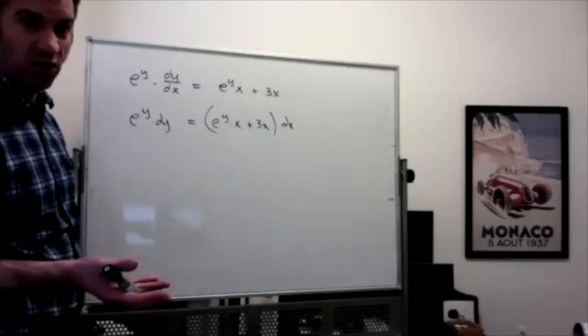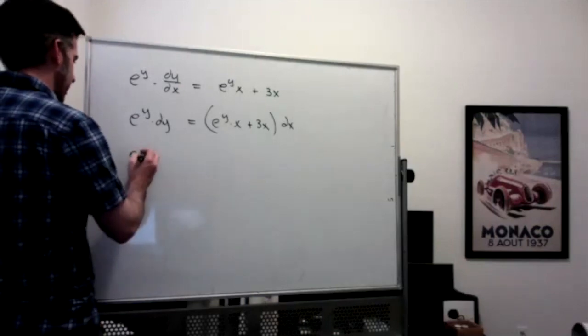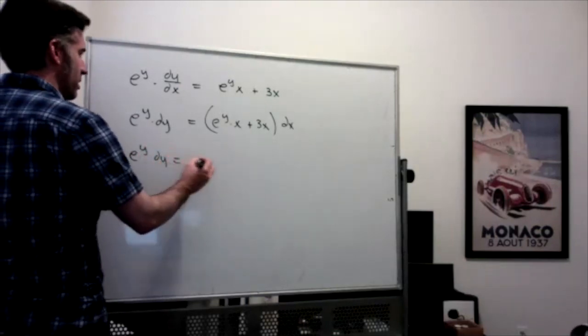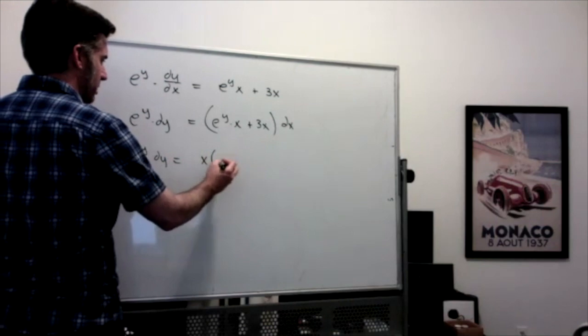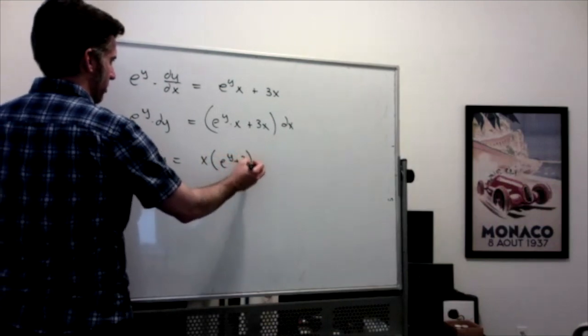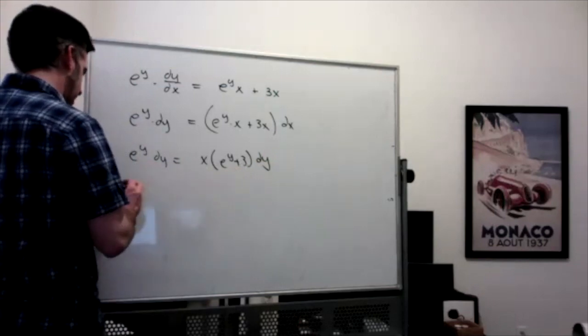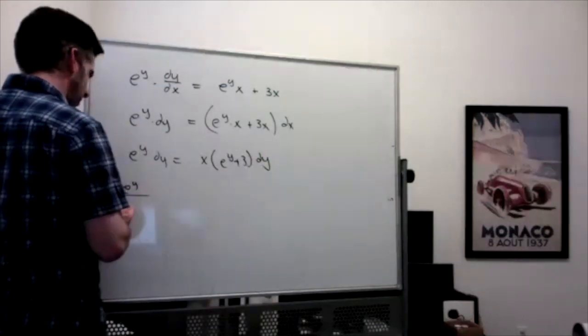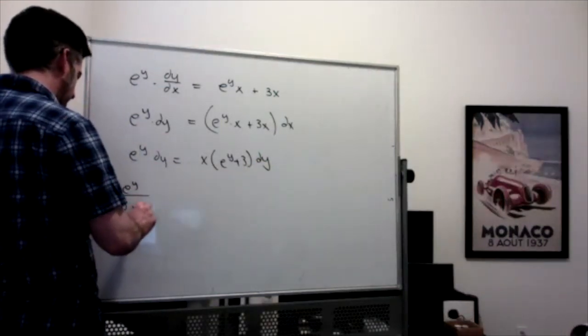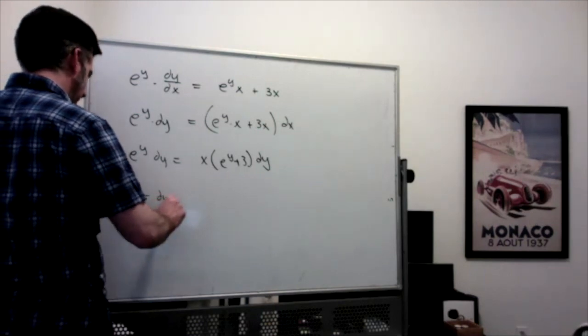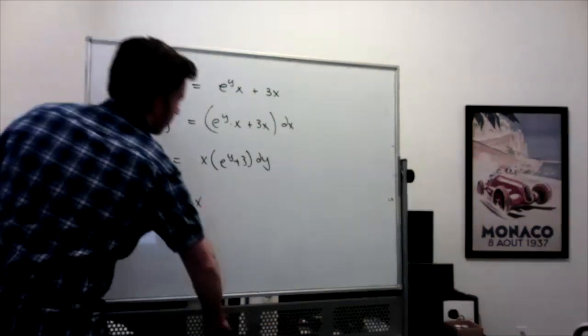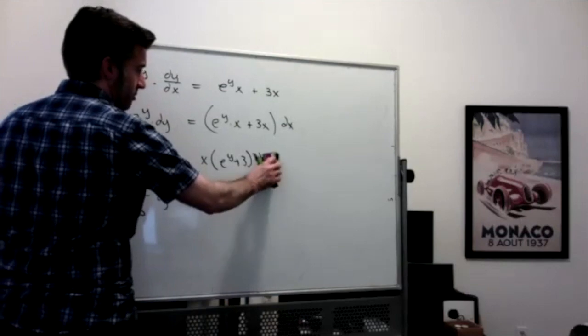I can factor. I can write that as e to the y dy equals x times (e to the y plus 3) dx. And then I can divide by this and say that e to the y divided by (e to the y plus 3) dy equals x dx.